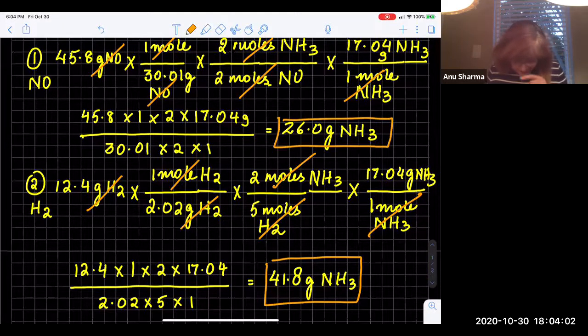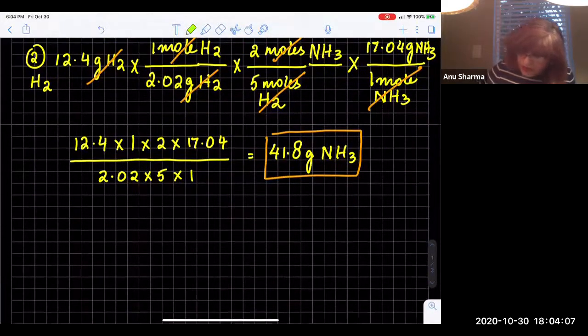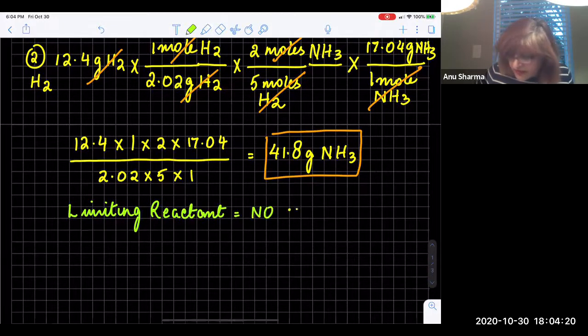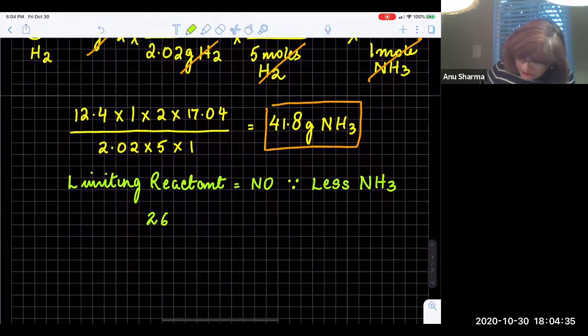Therefore, nitric oxide is going to be your limiting reactant, because it allows us to have less of the ammonia, and that ammonia is 26.0 grams of ammonia.